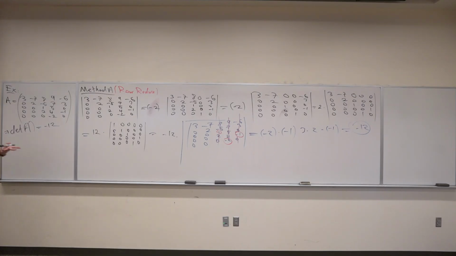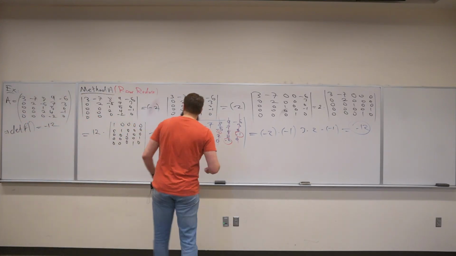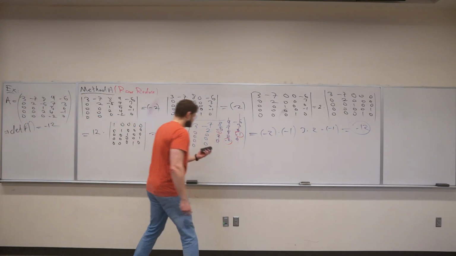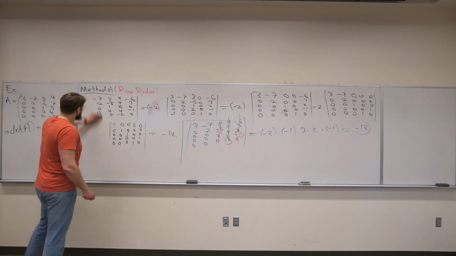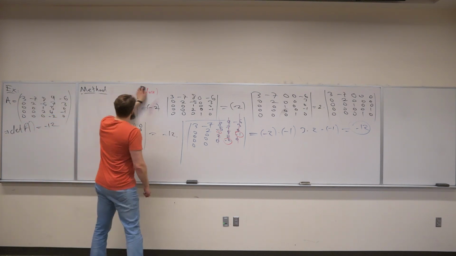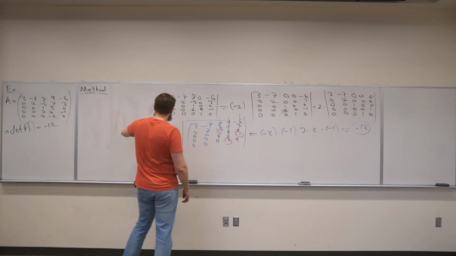Now, method B is this cofactor method, and it's a recursive sort of idea. Okay, I'm going to erase this. This is a new method that I didn't mention yesterday.